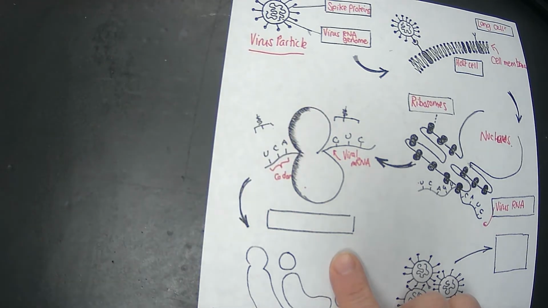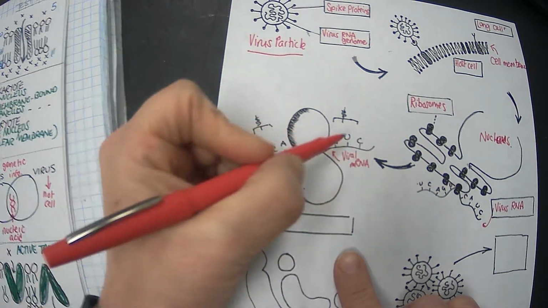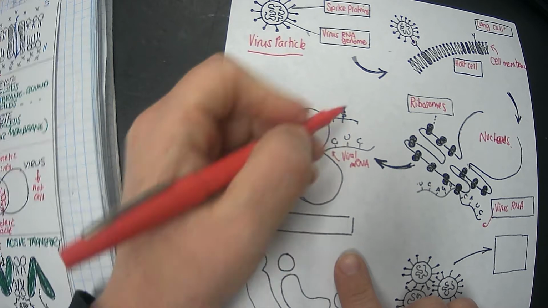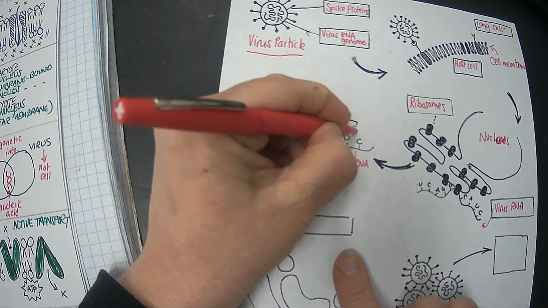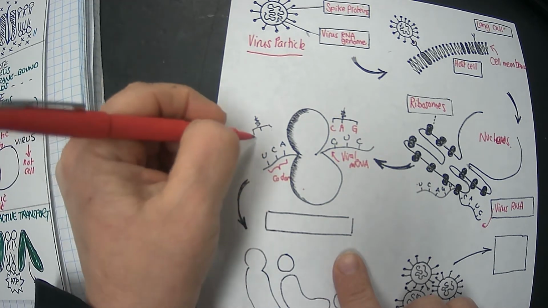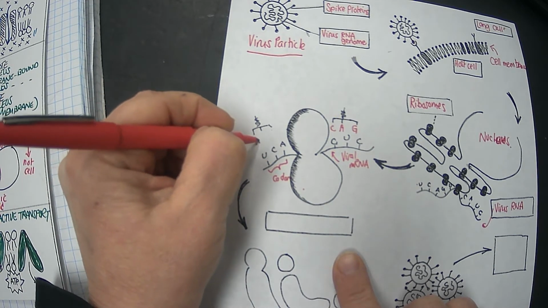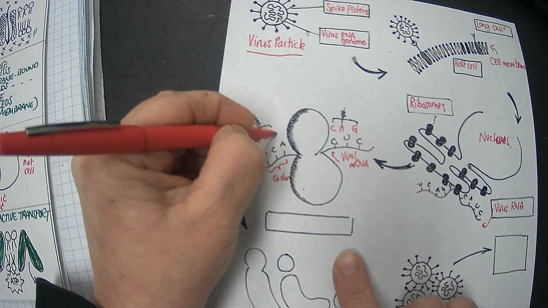And these up here are my incomplete transfer RNA molecules. So if the codon is GUC, the anticodon is going to be CAG. And over here, this codon is UCA. So over here, I'm going to have A, G, and U.